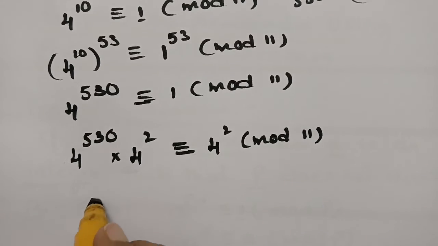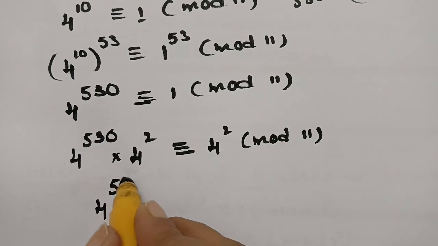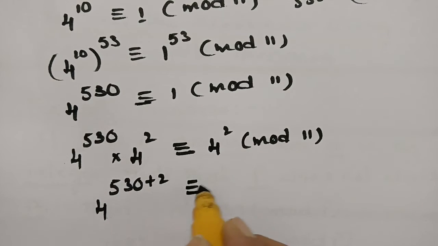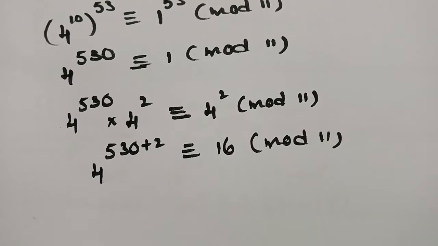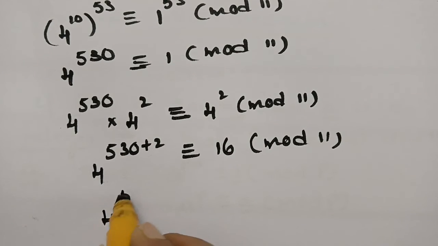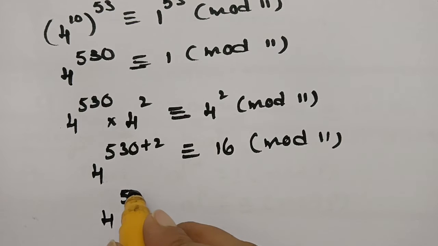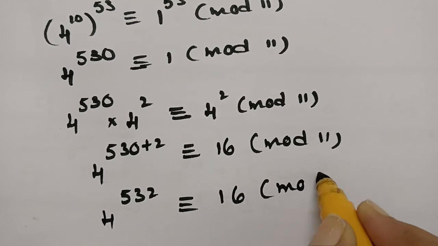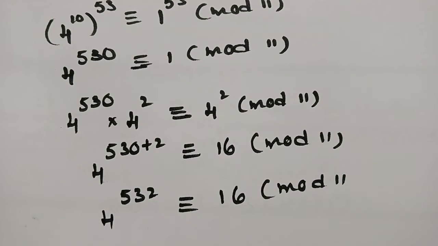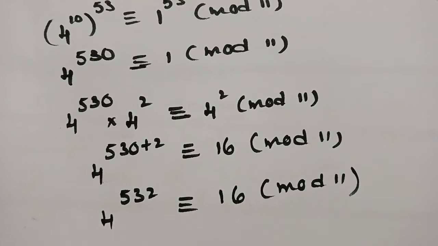If I add up these two, this is 530 plus 2, which is congruent to 4 square, which is 16, modulo 11. So 4 power 532 is congruent to 16 modulo 11. When 4 power 532 is divided by 11, we get the remainder as 16.